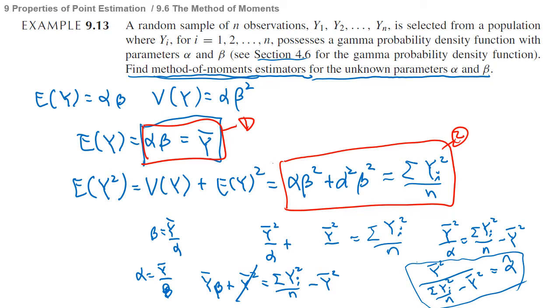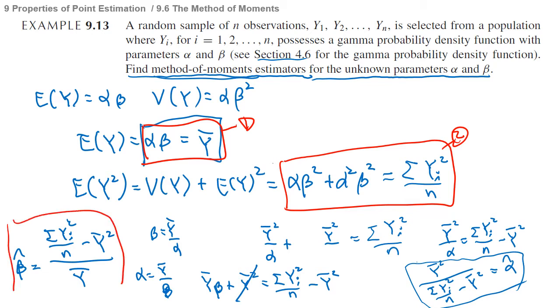Okay, so our beta hat is the sum of yi squared over n minus y bar squared, over y bar. So this is our beta hat, and this is our alpha hat. They are the method of moment estimators for parameters alpha and beta.